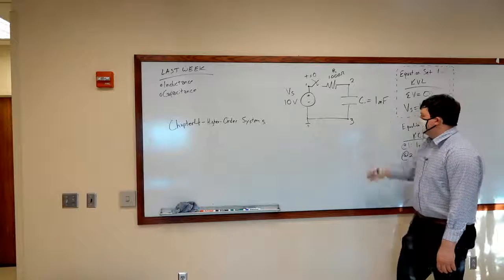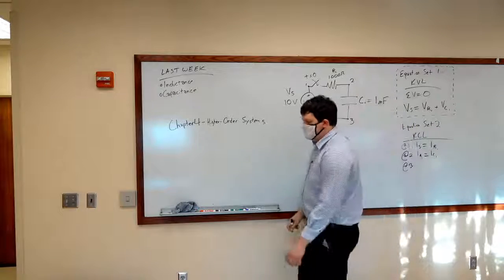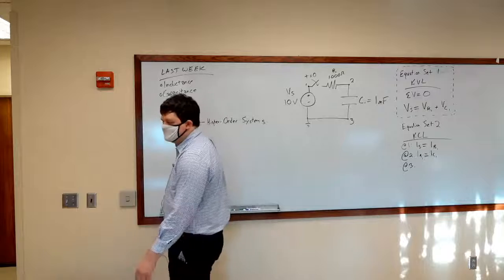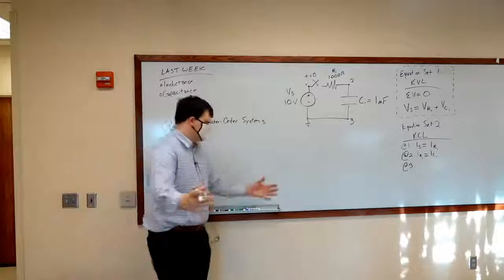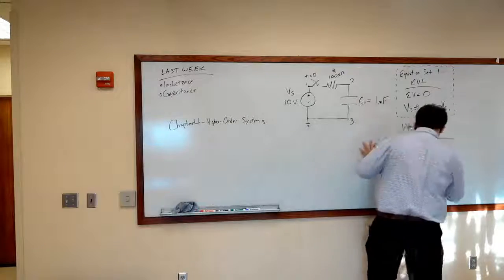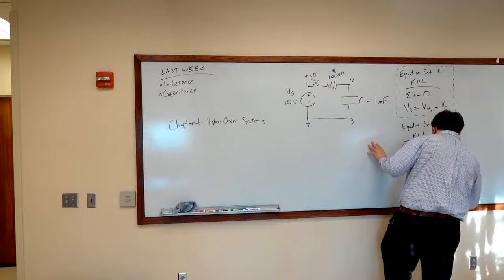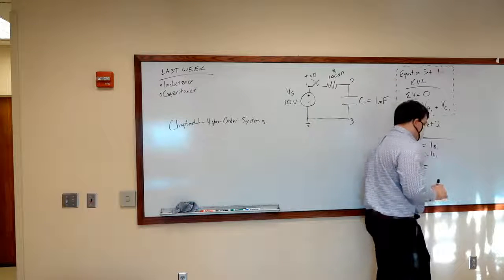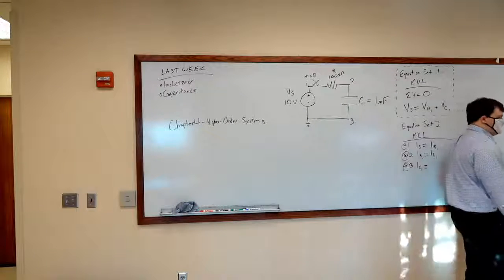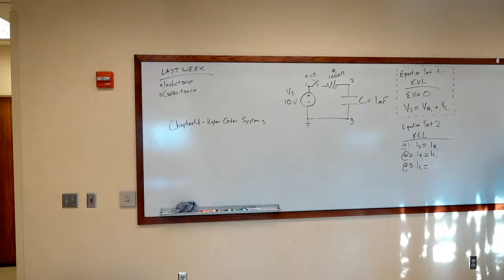All right, you know what, just for fun, let's do node 3 too. What is the current going into node 3? It's IC1. What is the current going out of node 3? It's IS.